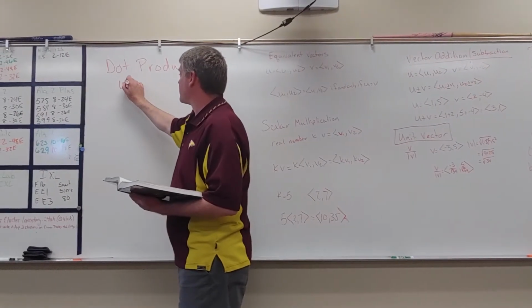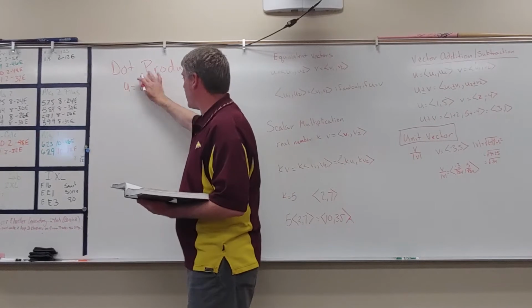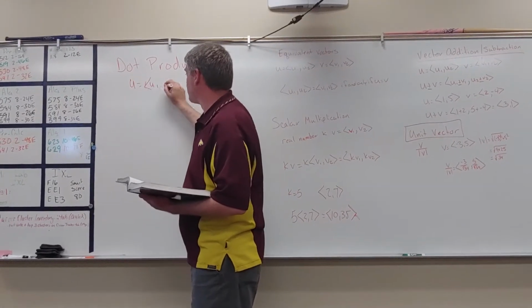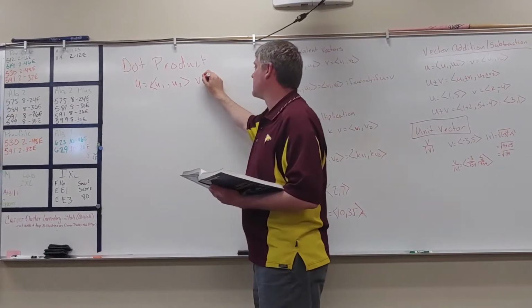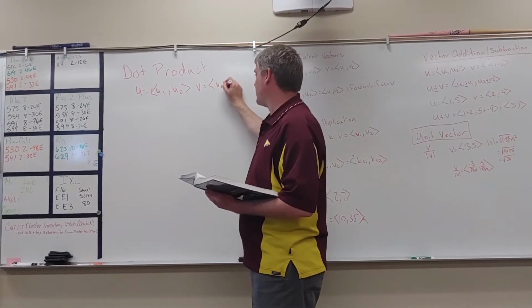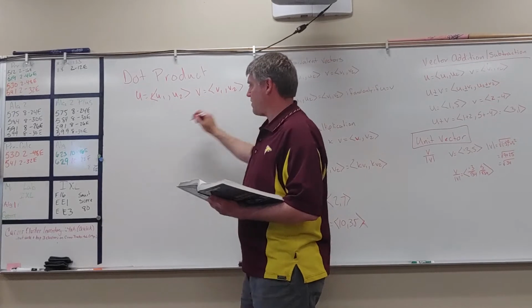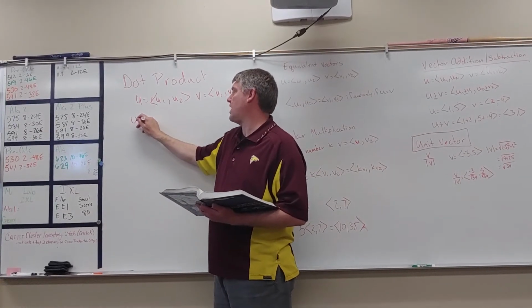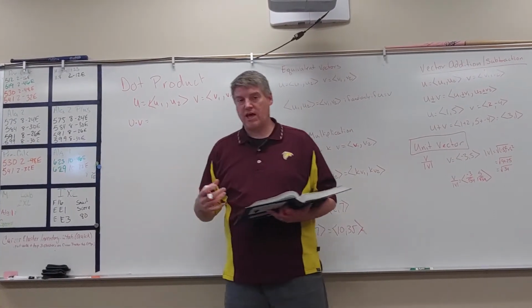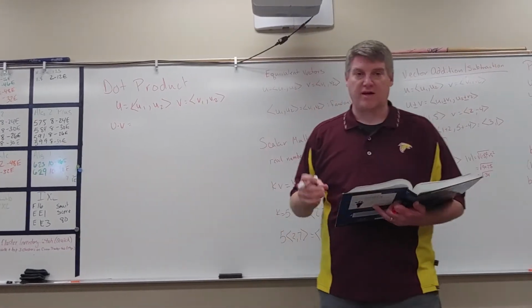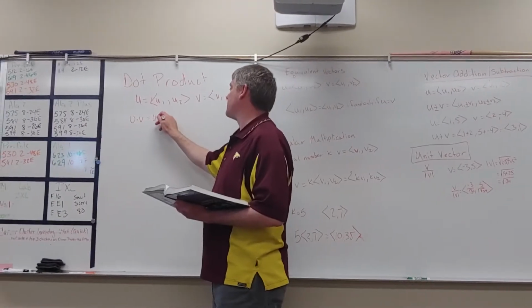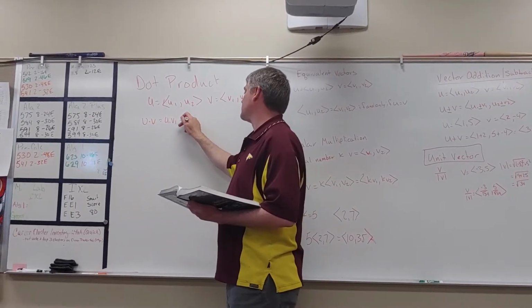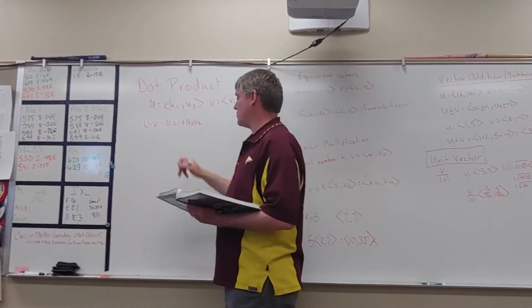So if I have vector u equals u1, u2, and I have vector v equals v1, v2, if I want u dot v, what's going to happen is I'm going to multiply the components together and add them. So this becomes u1 times v1 plus u2 times v2.